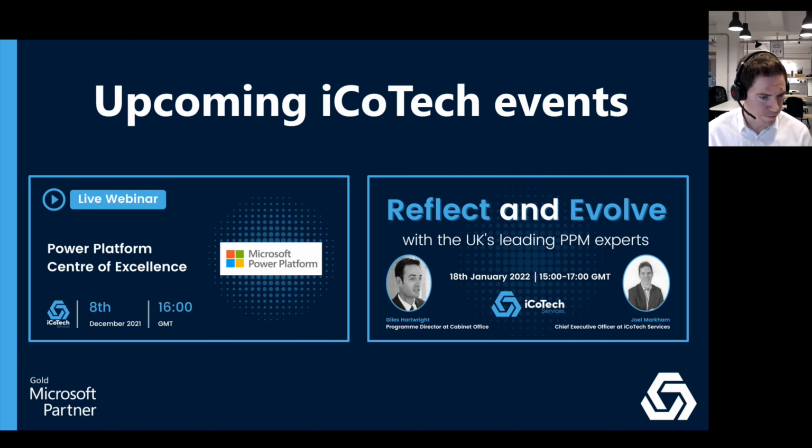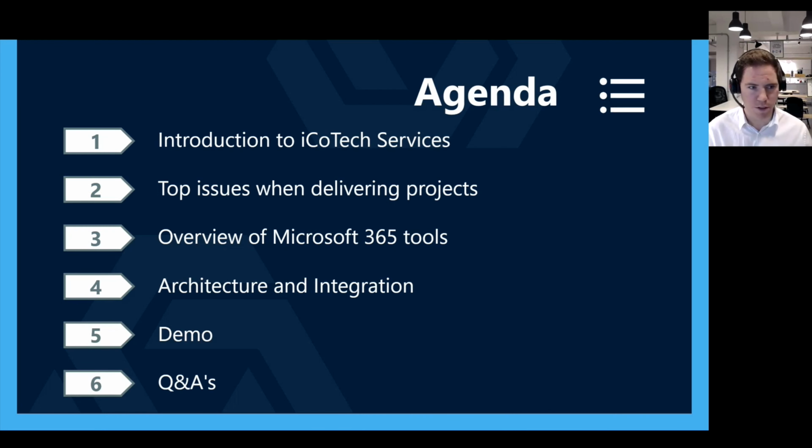Let's jump straight in. Hopefully you can all see my screen, but what I'd like to do is go through this agenda very quickly. We'll do the standard introduction to iCoTech services and my background, and then we'll cover the top issues when delivering projects, programs and portfolios of change across organizations, in my experience anyway.